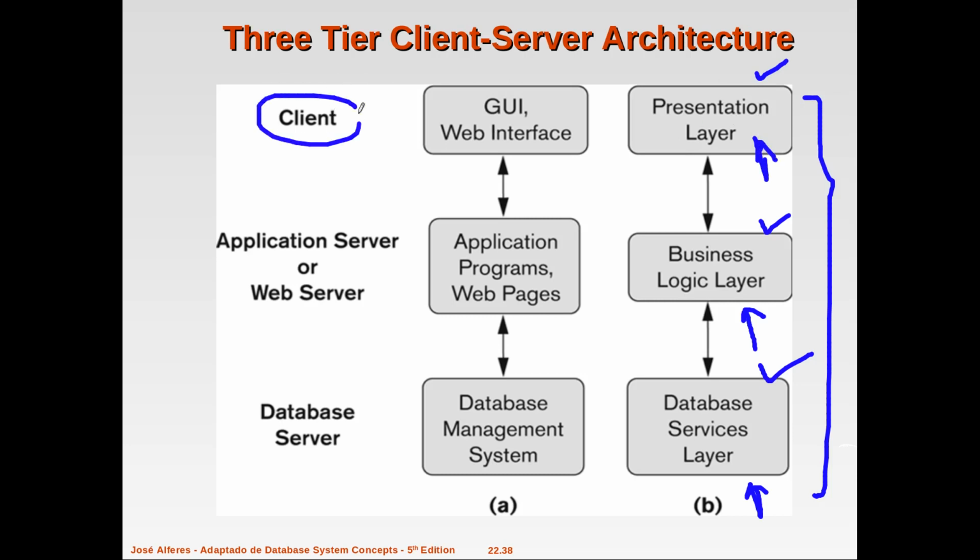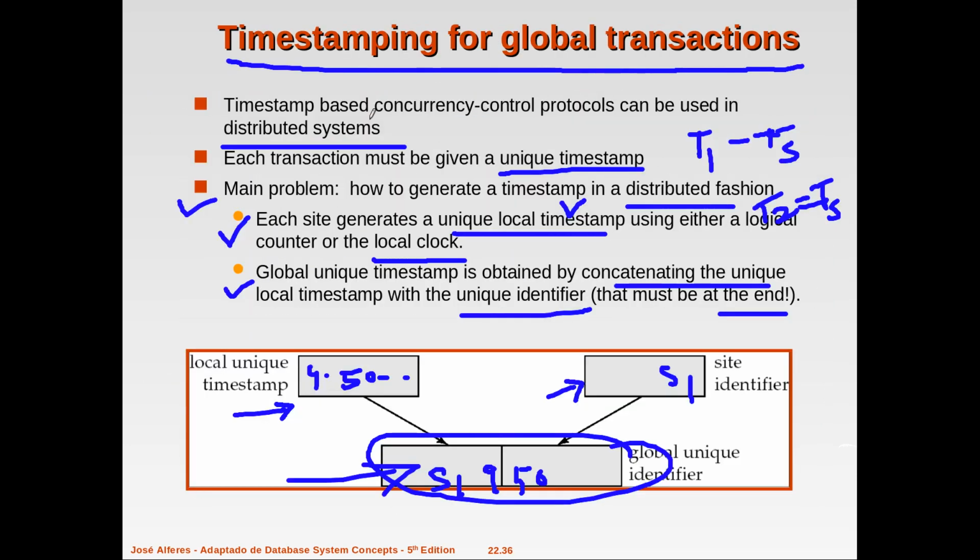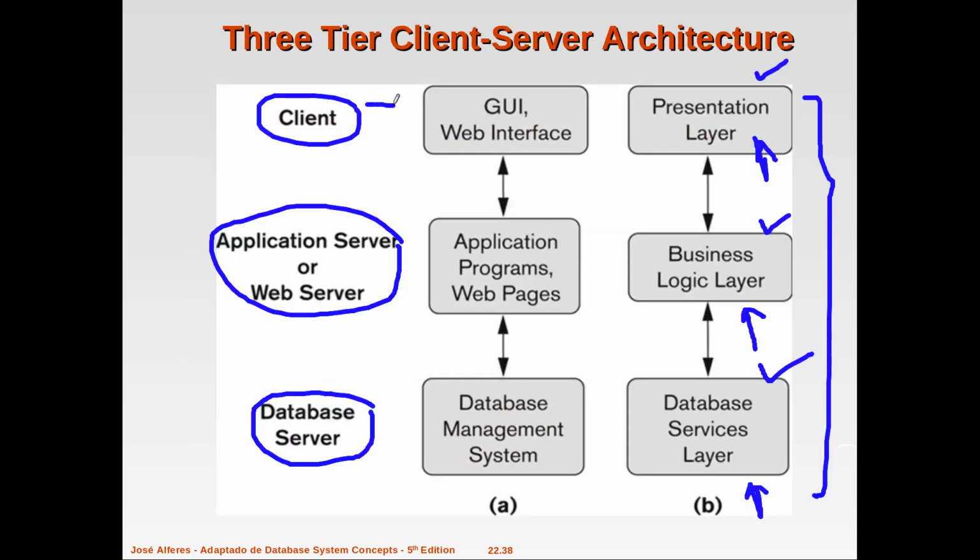So this is the client, this is the middle server, or web server, or application server, and we have the database server. The client will be writing a graphical user interface program or web interface program using HTML or any other tools, which will form the presentation or the front-end forms where the data is to be collected or interaction is to be done.